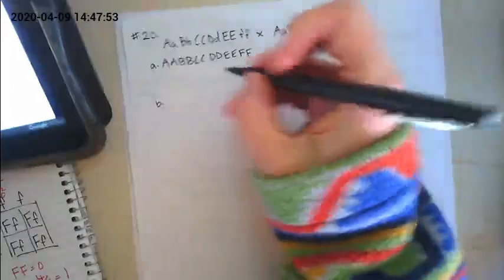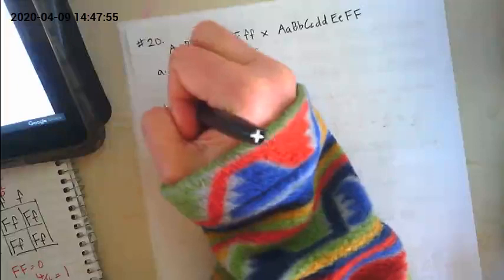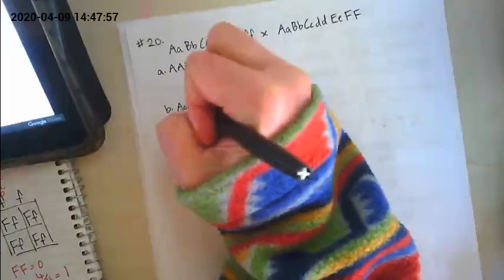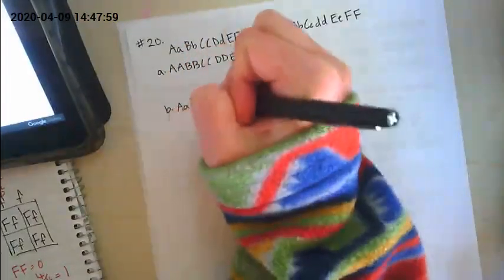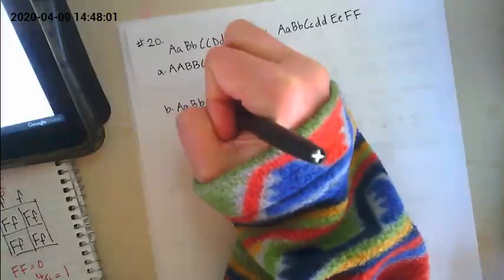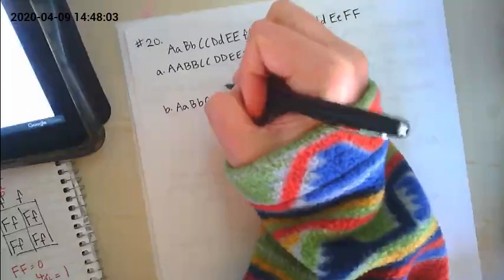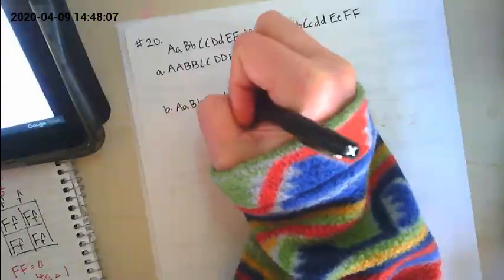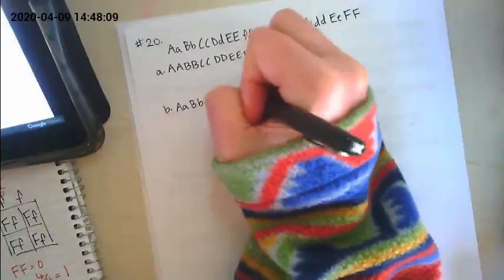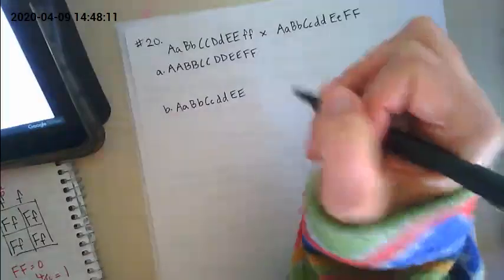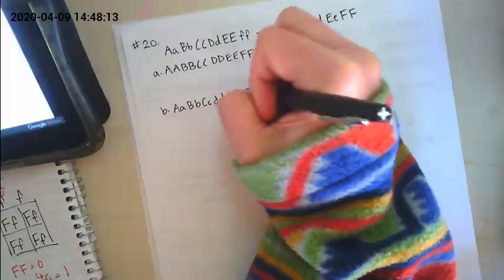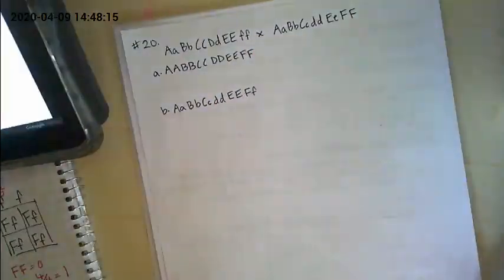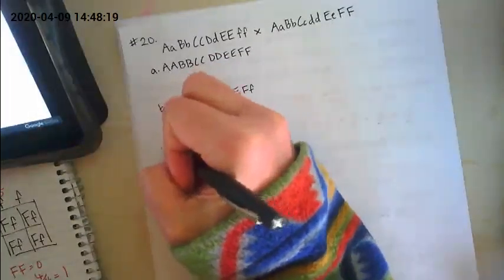Okay, so we've got heterozygous A, heterozygous B, heterozygous C, homozygous recessive D, homozygous dominant E, and then heterozygous F. All right, and then leave yourself some space because we got to do math.